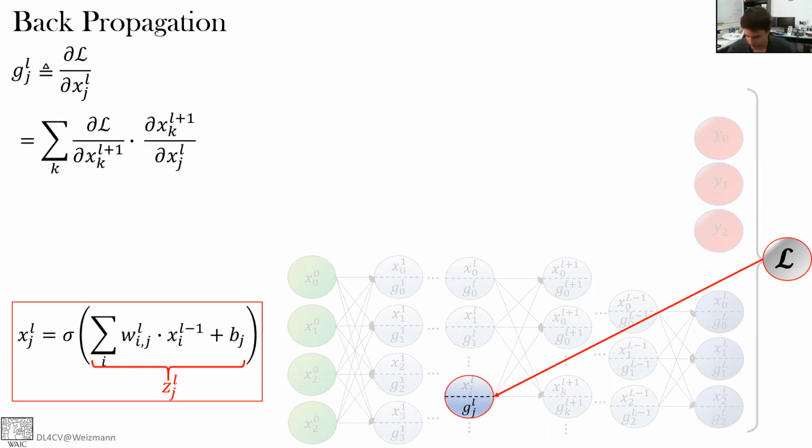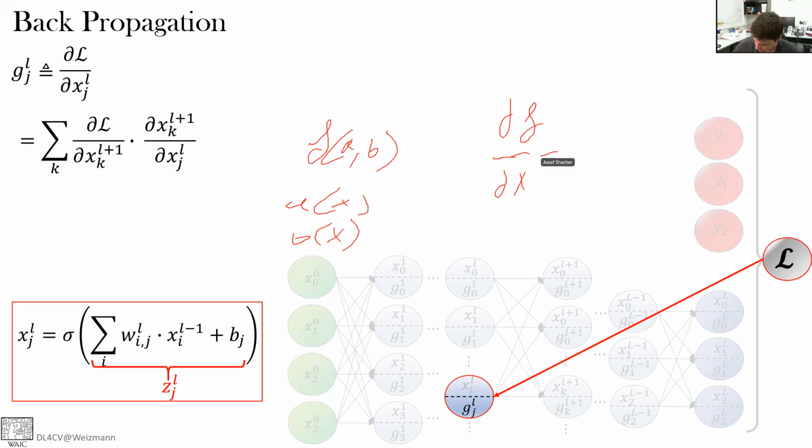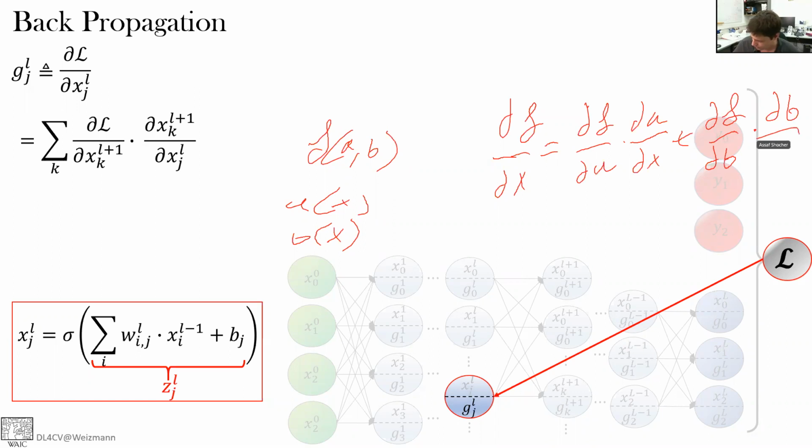I'm guessing most of you know that if you have some function f of a and b, where a is a function of x and b is a function of x, then the derivative of f with respect to x is the derivative of f to a multiplied by the derivative of a to x, plus the derivative of f to b multiplied by the derivative of b to x.